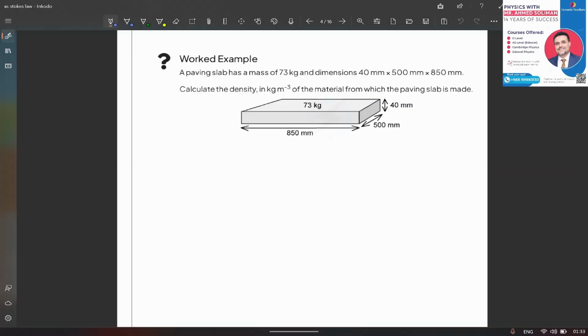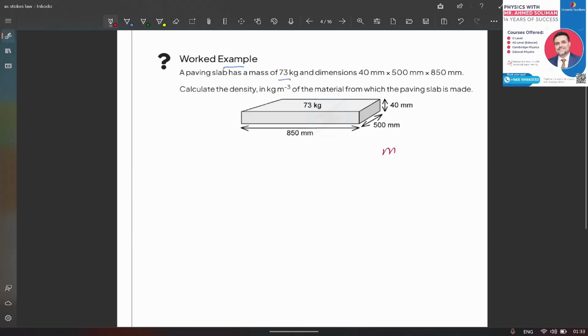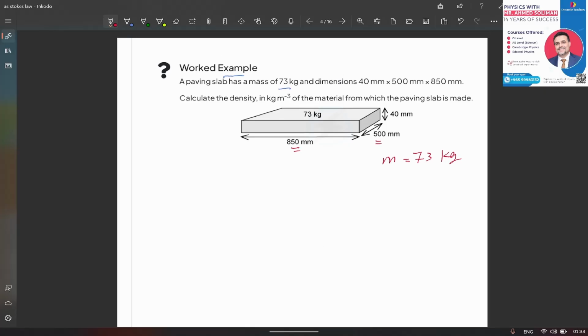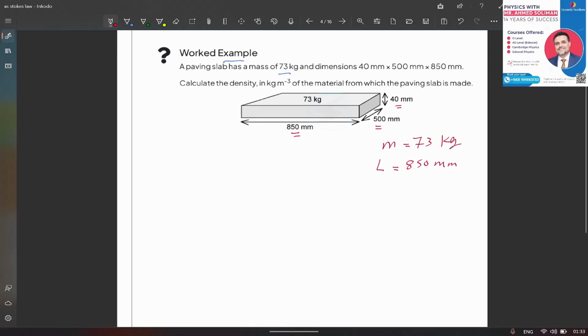Now we have an example. A paving slab has a mass of, so now he gave us the mass. So what is the given? We have mass equal to 73 kilograms. And he gave us the dimensions of the rectangular block. So we have length equal to 850 millimeters and width 500 millimeters.